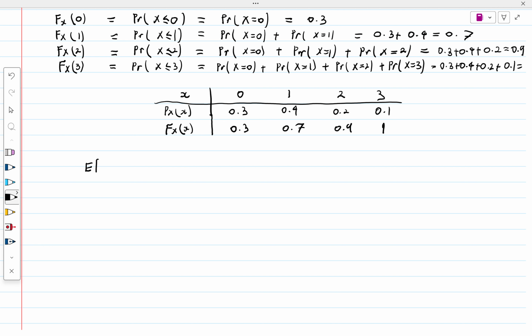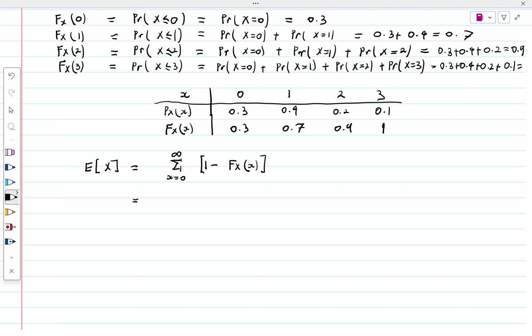So using the cumulative distribution function, the expected value is the sum from x equals 0 to infinity of 1 minus F_X of x. That is a computationally useful definition, compared to the old definition.